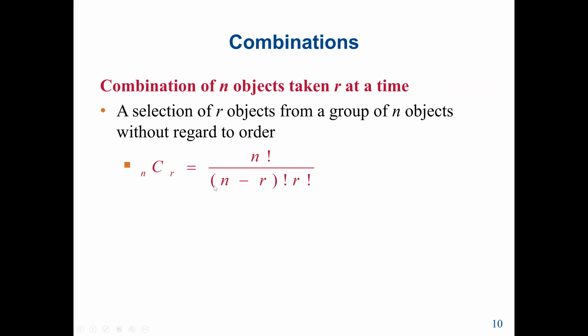N factorial divided by N minus R factorial is permutation. Then when we divide it by R factorial again, we remove the possible orderings. So here we say combination of N objects taking R at a time: a selection of R objects from a group of N objects without regard to the order.